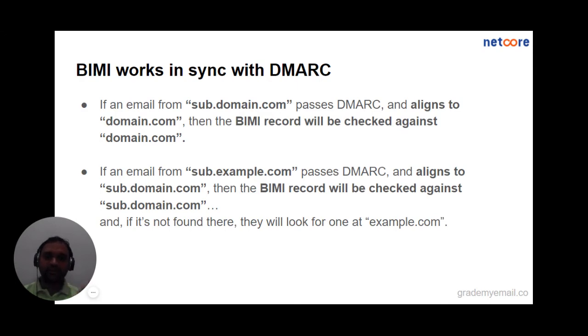First example: if an email from sub.domain.com passes DMARC, that is, the from domain is sub.domain.com, a subdomain, and it passes DMARC and aligns to domain.com, then the BIMI record will be checked against domain.com.